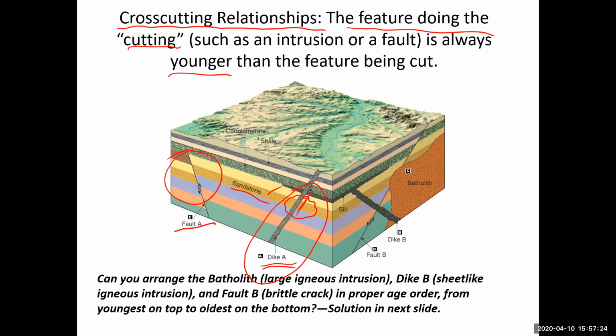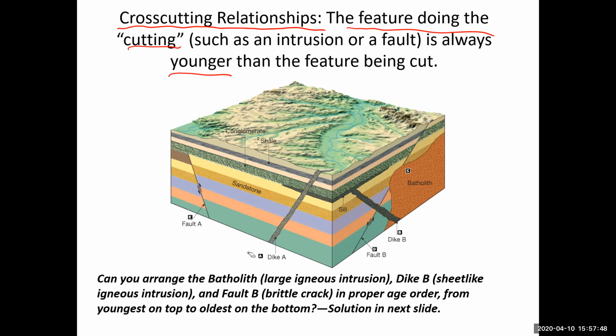So what does that mean about the relative age of dike A versus the sandstone? It's got to mean that dike A is younger because it's cutting through the sandstone rather than the sandstone cutting through the dike. Okay, so that's a quick introduction to cross-cutting relationships.